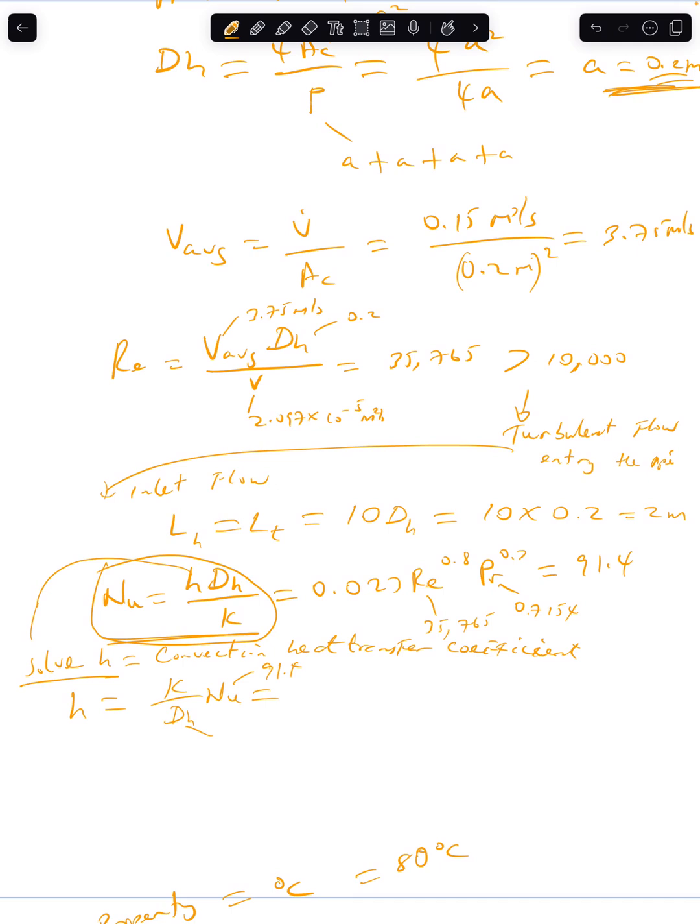The hydraulic mean diameter I know is 0.2, and this value for K is equal to what? 0.02953. So this value will be equal to what? 13.5 W per meter square degrees Celsius. That's the value which we are going to have for the convection heat transfer coefficient.